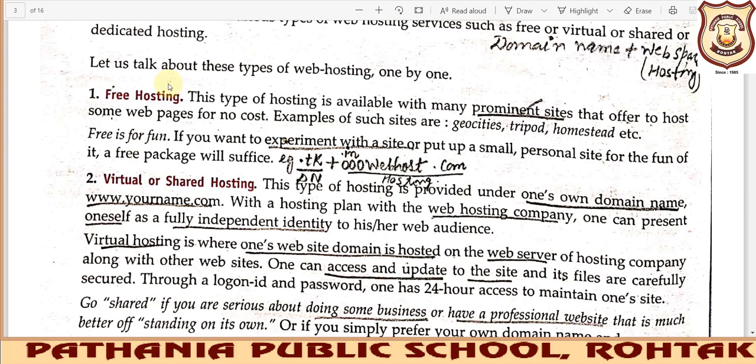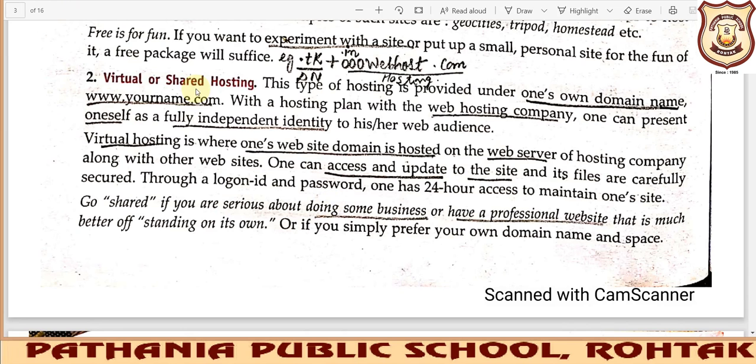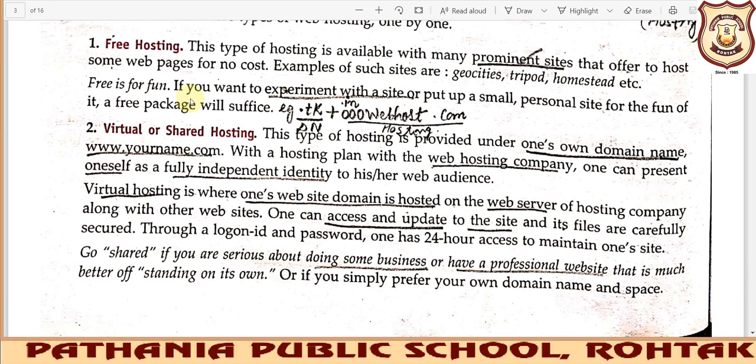So for free hosting you will be using some prominent sites that will help you to establish or publish your website for free, but for that they will be using their own name in the domain name. Like we have sites like google.com.